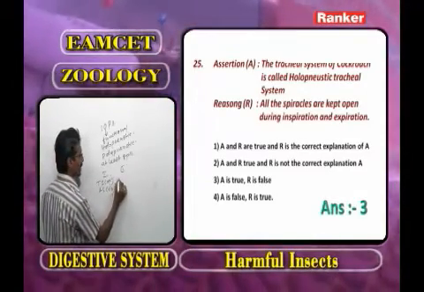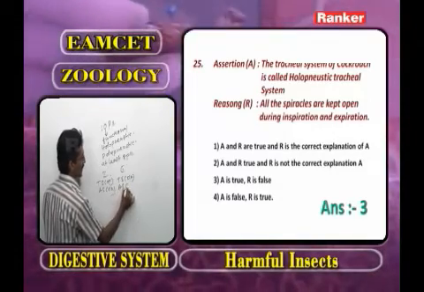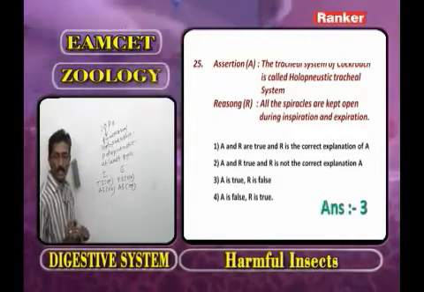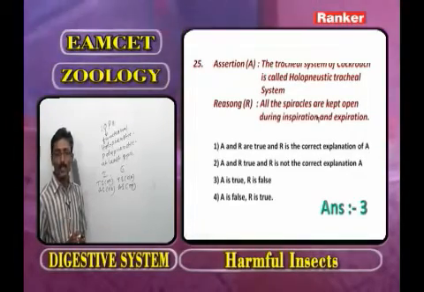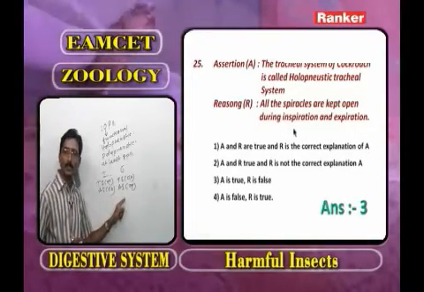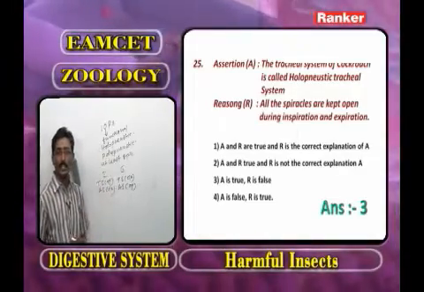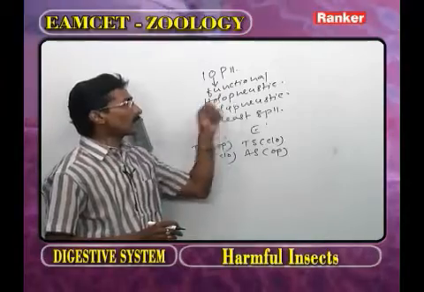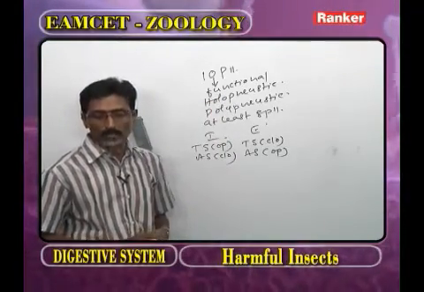During expiration, the thoracic spiracles close, whereas abdominal spiracles open. So the reason, that all spiracles are kept open during inspiration and expiration, is wrong. But the first one is correct. All 10 pairs of spiracles are functional, so it is called holoneuristic. Now we go for the next question.